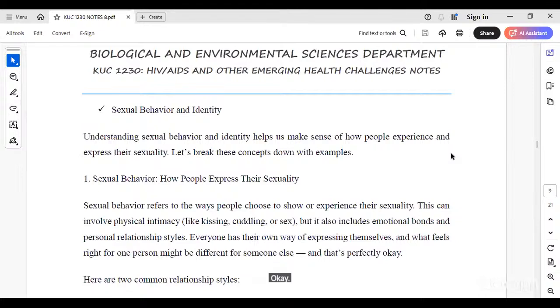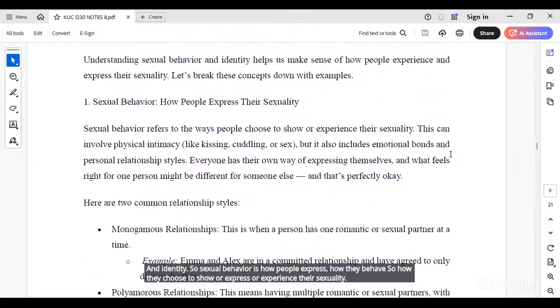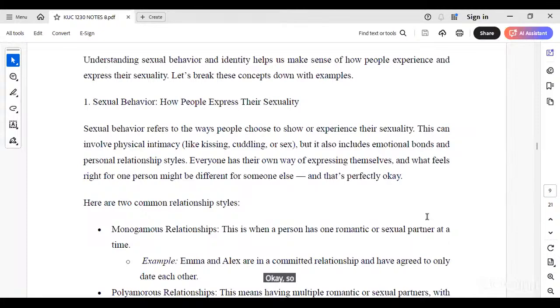What about now sexual behavior and identity? So sexual behavior is how people behave, how they choose to show or express or experience their sexuality. Okay. So there are two common relationship types.